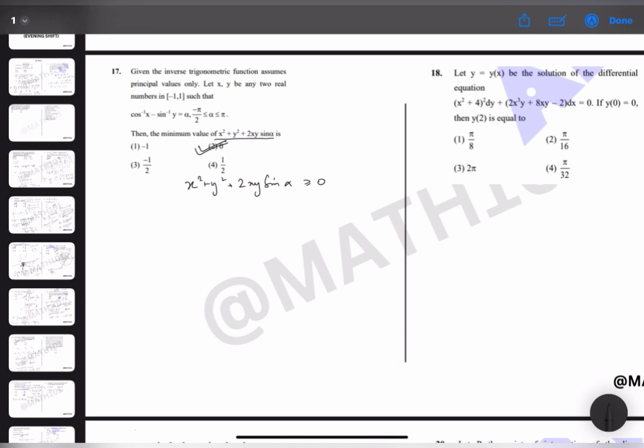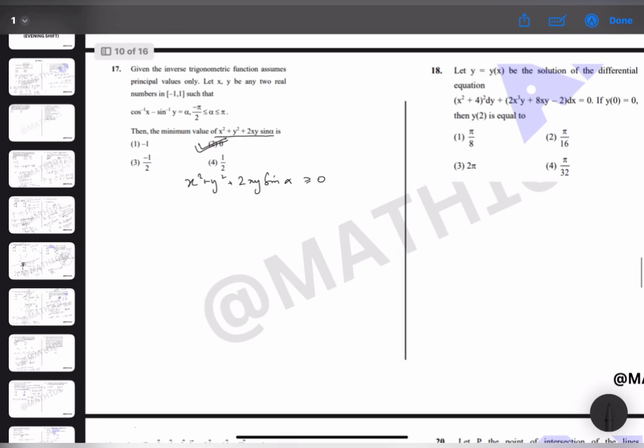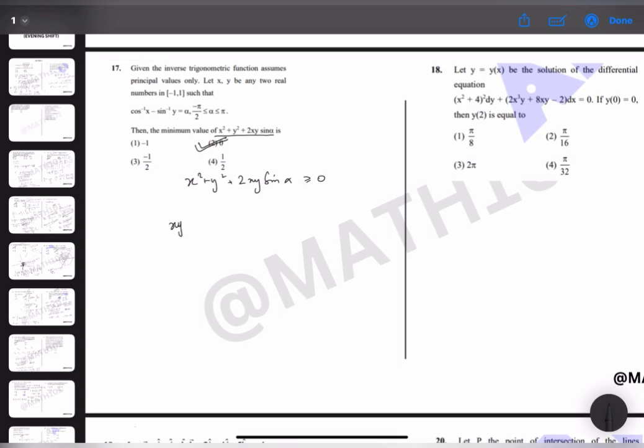So why is this greater than or equal to 0? Because xy sine alpha is less than or equal to mod xy, which implies that x square plus y square minus 2 mod xy is less than or equal to x square plus y square plus 2xy sine alpha.